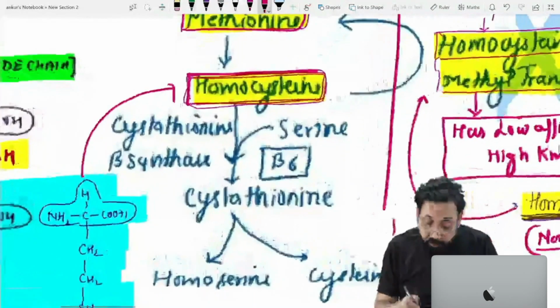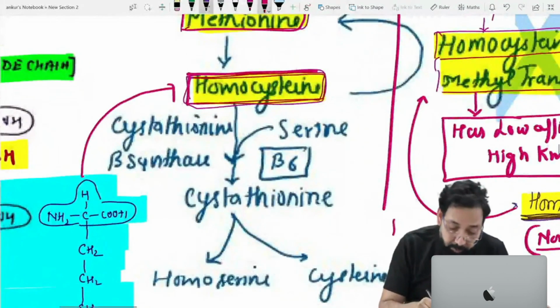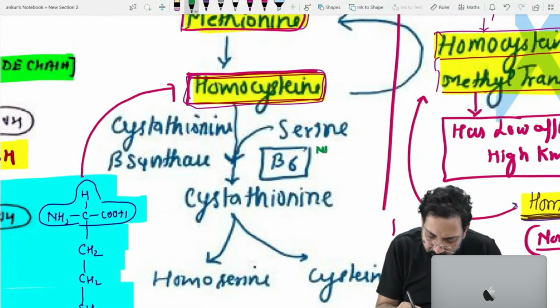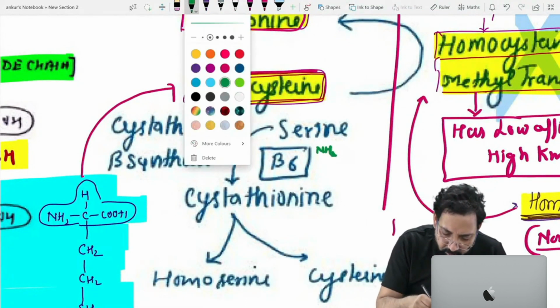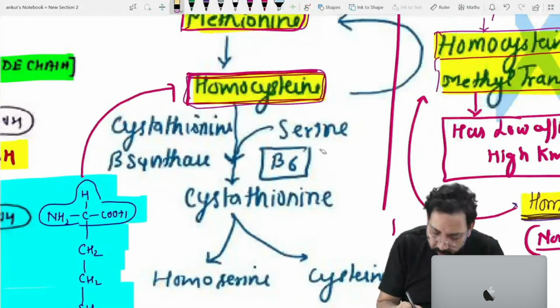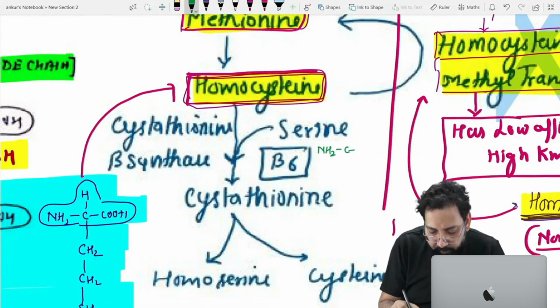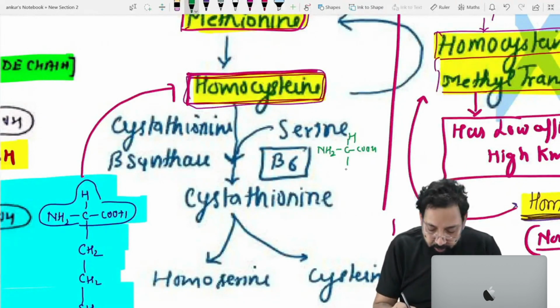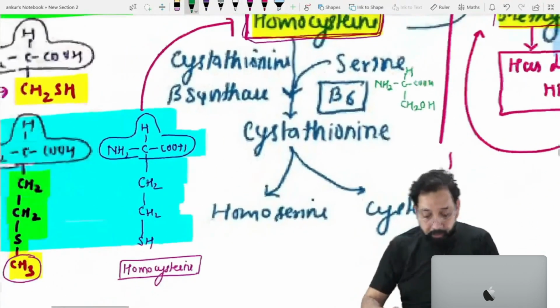I know space is less, but you can write: NH2, C, COOH, H. This portion is common to each and every amino acid. Then CH2OH.